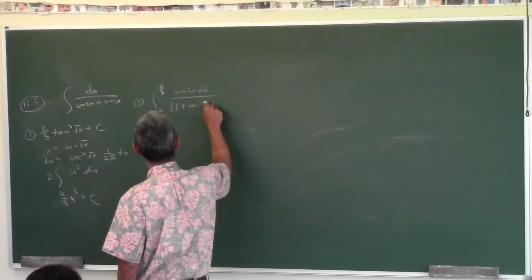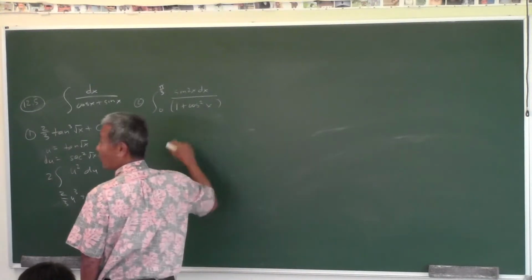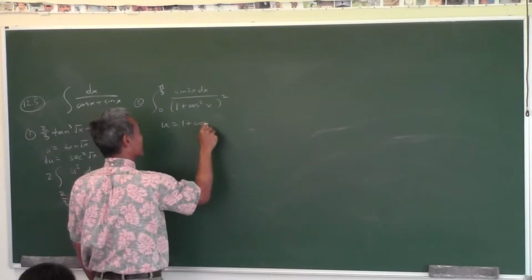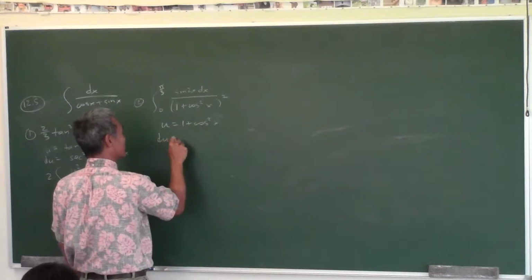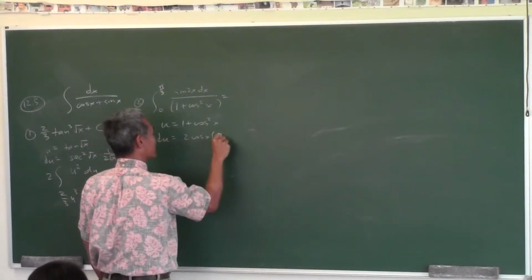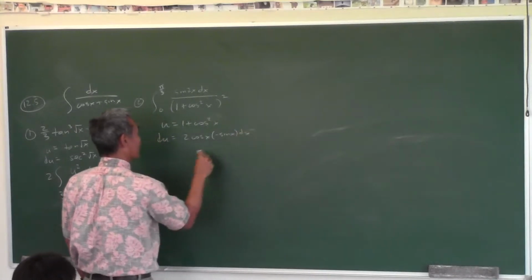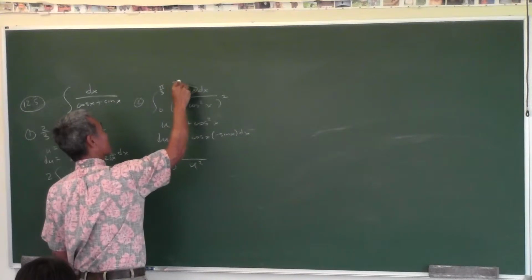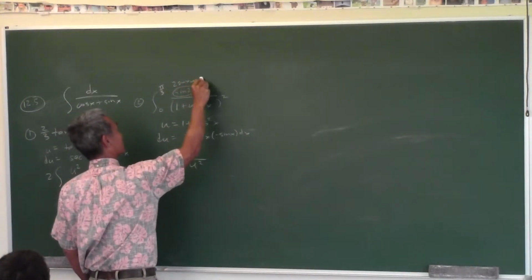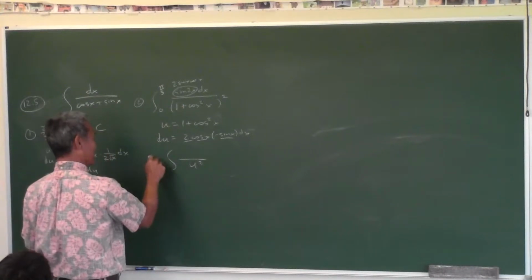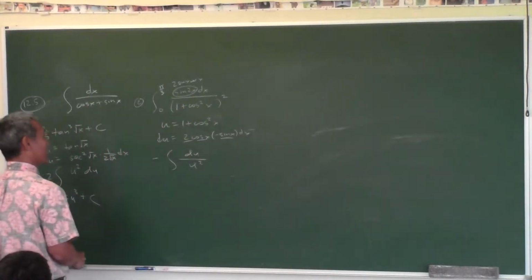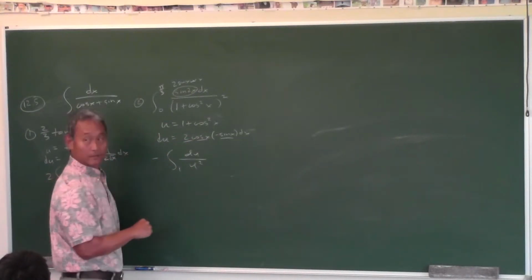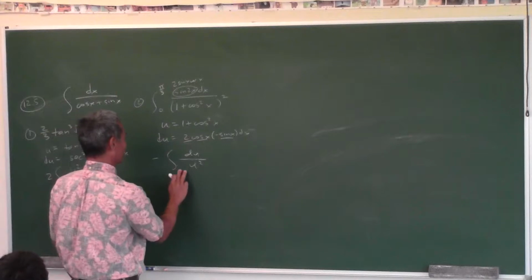Number 2: integral from 0 to pi over 3 of sine 2x dx over (1 plus cosine squared x) squared. So u equals 1 plus cosine squared x. Du is equal to 2 cosine x times negative sine x dx. So this integral becomes u squared on the bottom, and sine 2x is the same thing as 2 sine x cosine x, which is negative du. Your new limits of integration: if you plug in 0, you get 2.